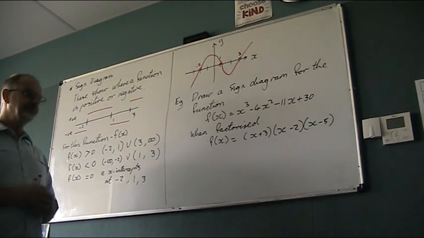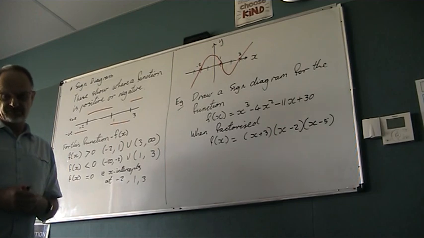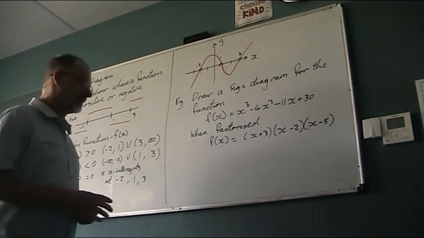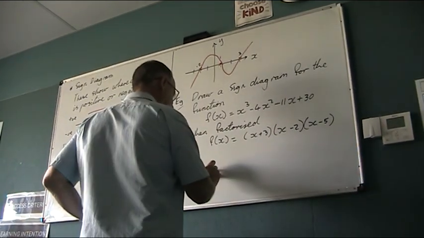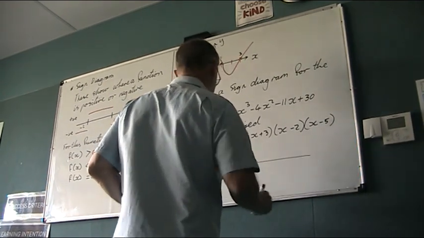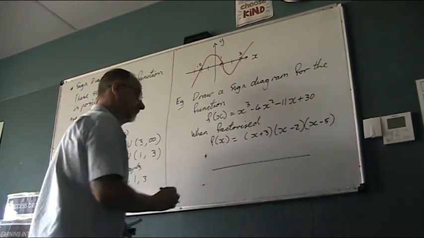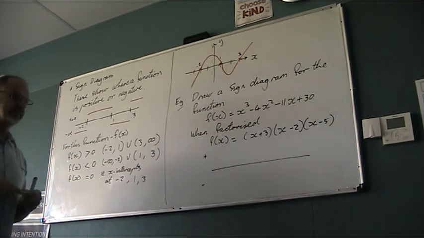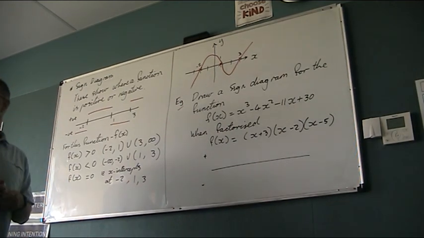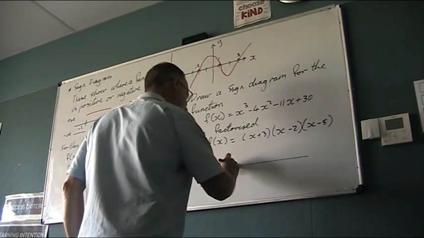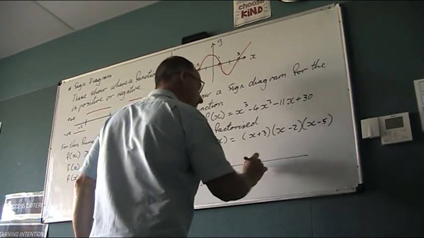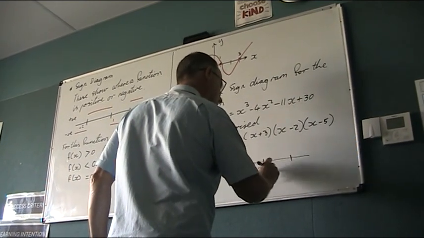Alright. So from this we can get a sign diagram. What are our intercepts?